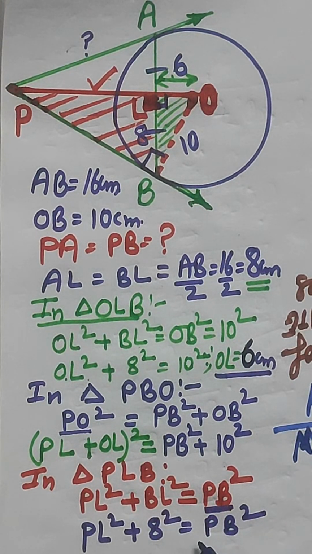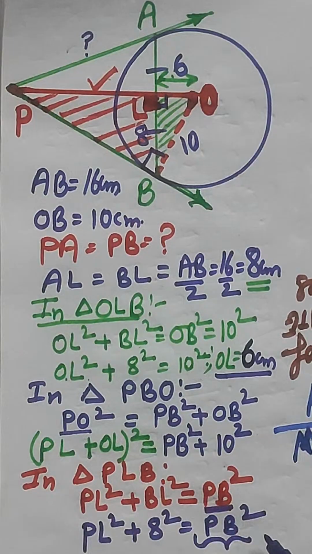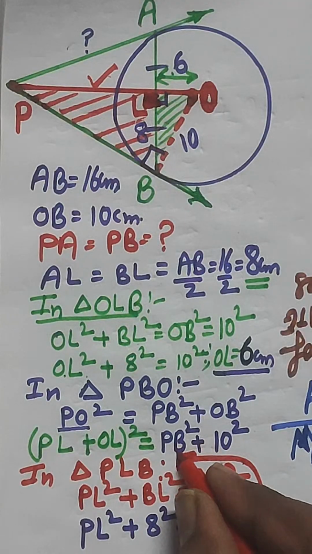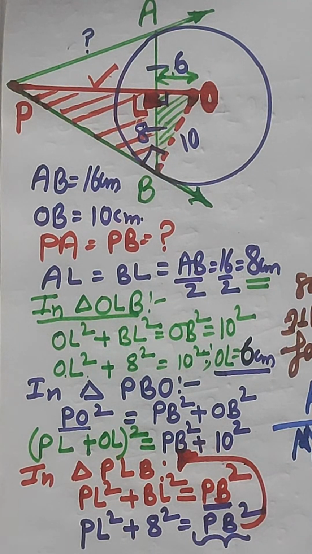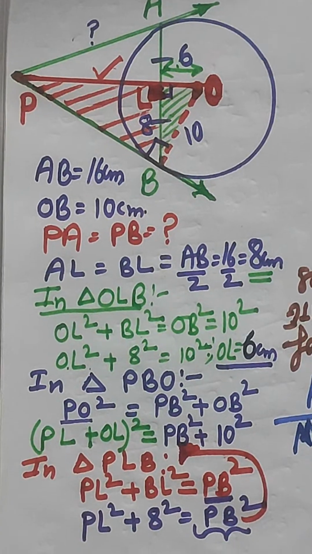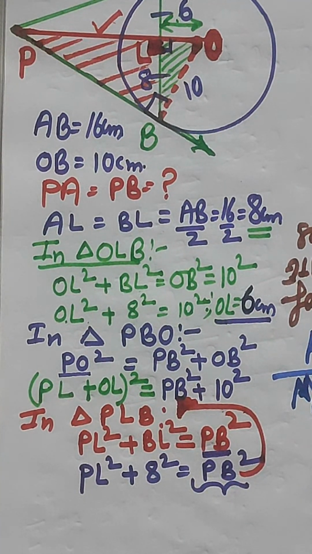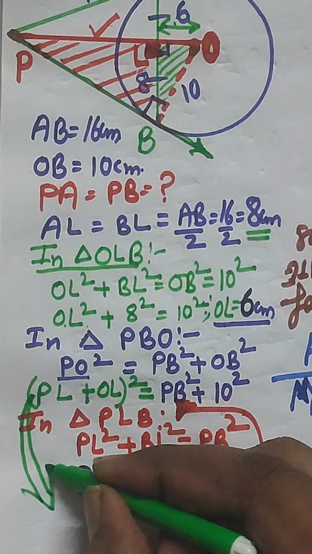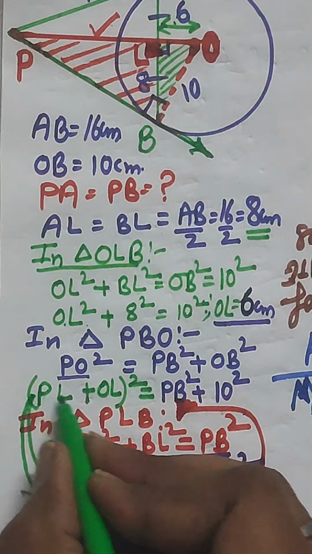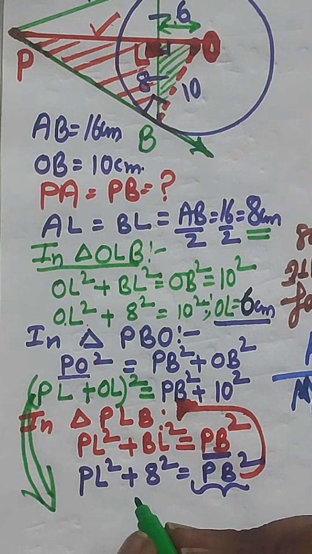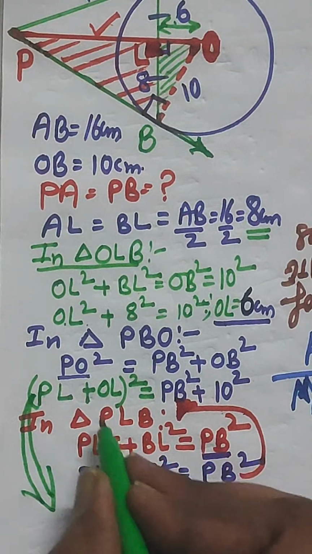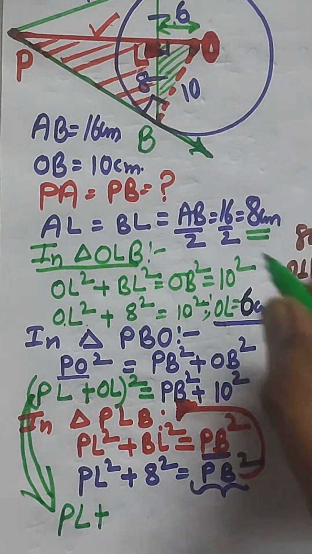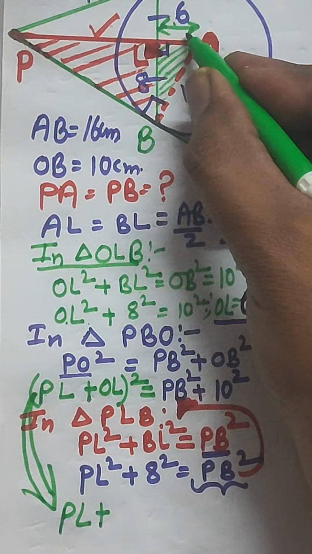Just substitute this value in place of PB. When you substitute it, the above equation will look like PL plus OL whole square. OL we have already calculated, that is equal to 6.